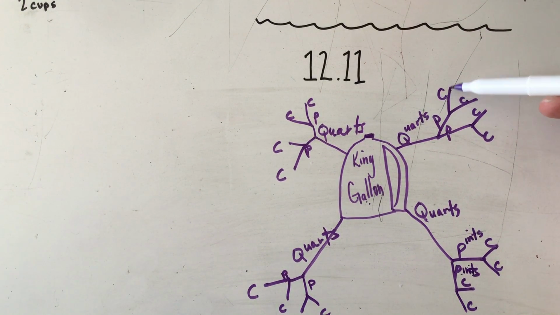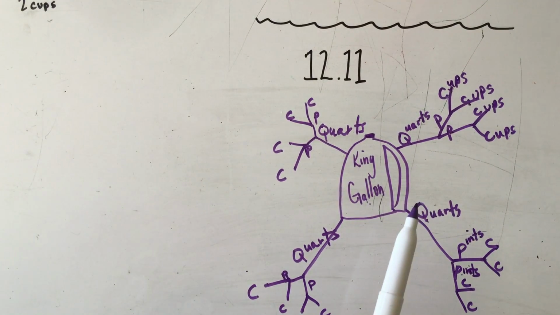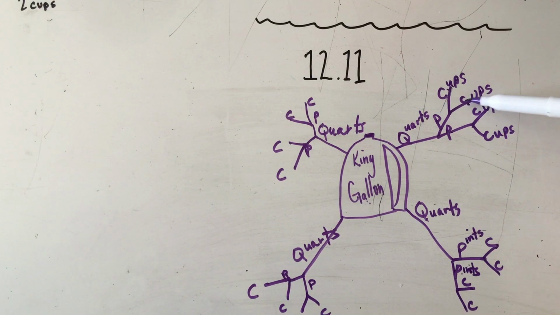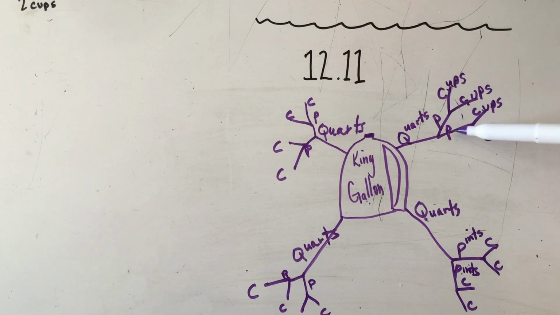Then we said the princesses each get 2 cats. Okay, well, our cats are our cups. Each pint has 2 cups. So if we look at it, we have 2, 3, 4 cups in 1 quart, right?